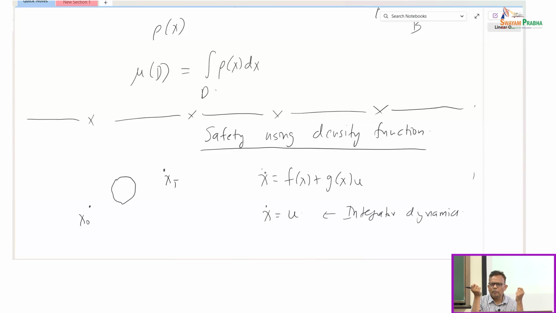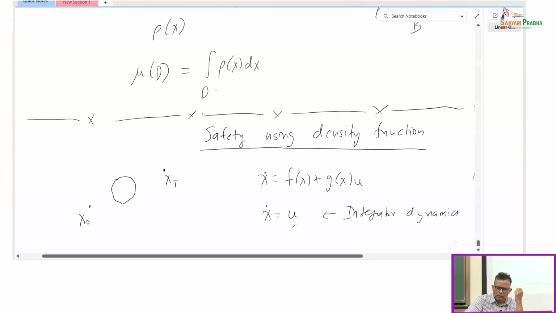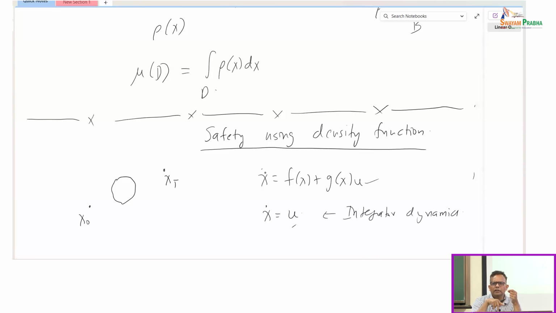So for this system, you're trying to find a control input u so that the Lyapunov function is decreasing along the trajectory, so that eventually you'll get to the target state.